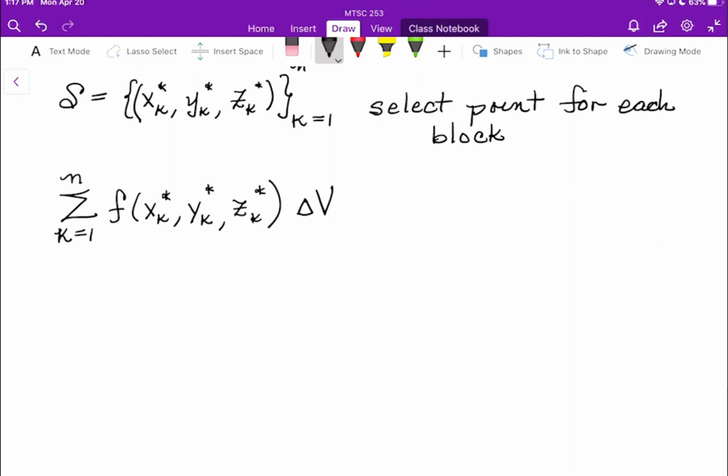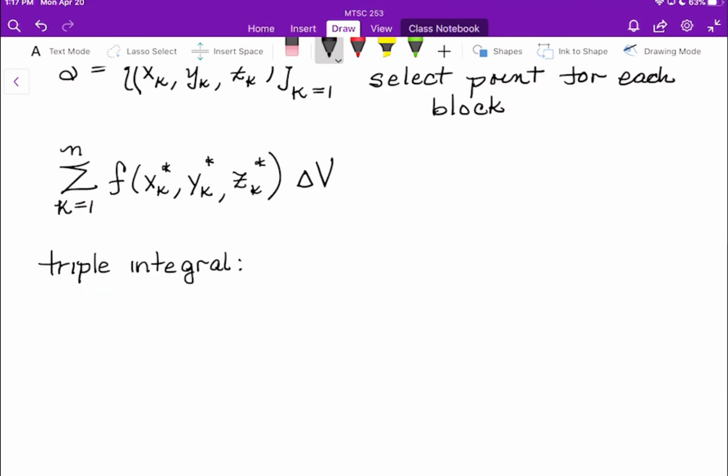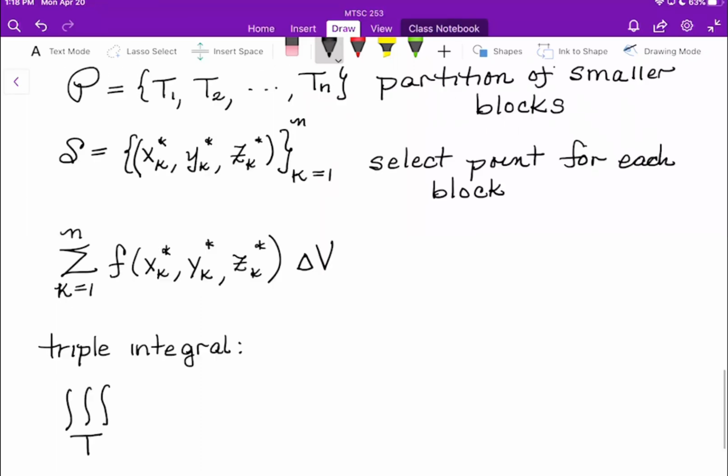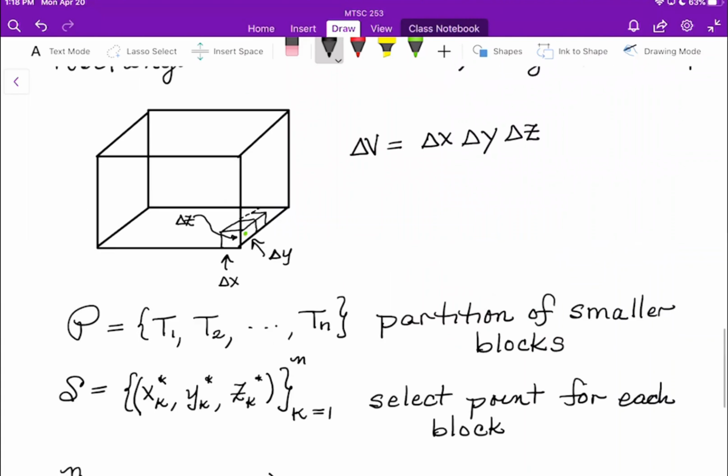So now I get a triple integral, and that is the triple integral over T. So that is over this whole thing.